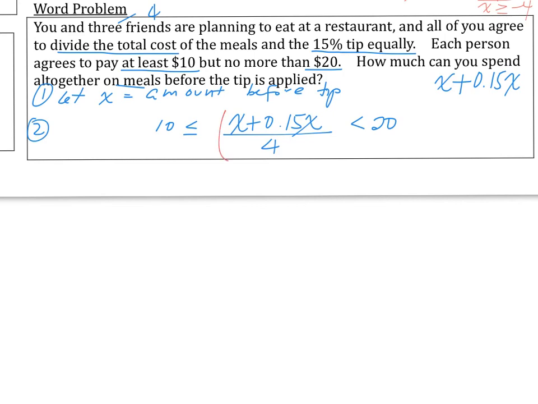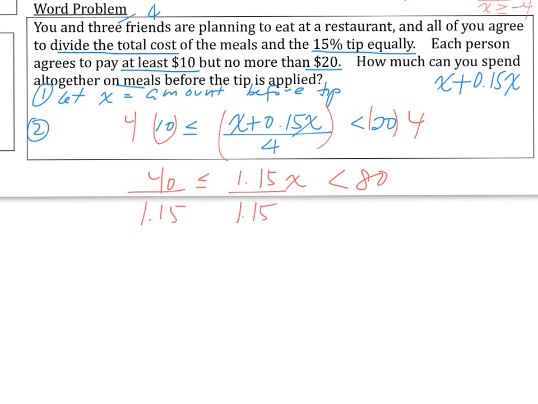Okay, so multiply both sides by 4. 40x. So this would be 1.15x less than 80. Okay. Then we divide 1.15 to all sides of the inequality.